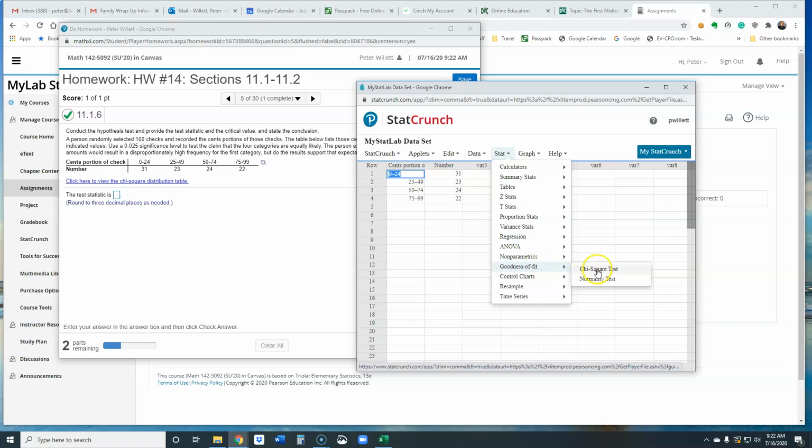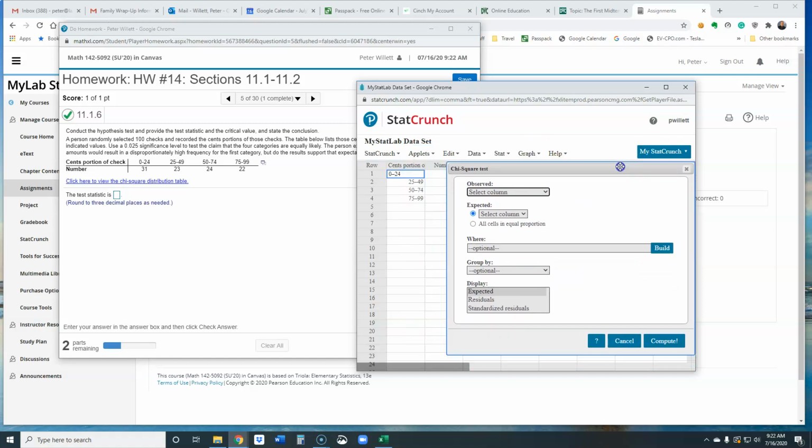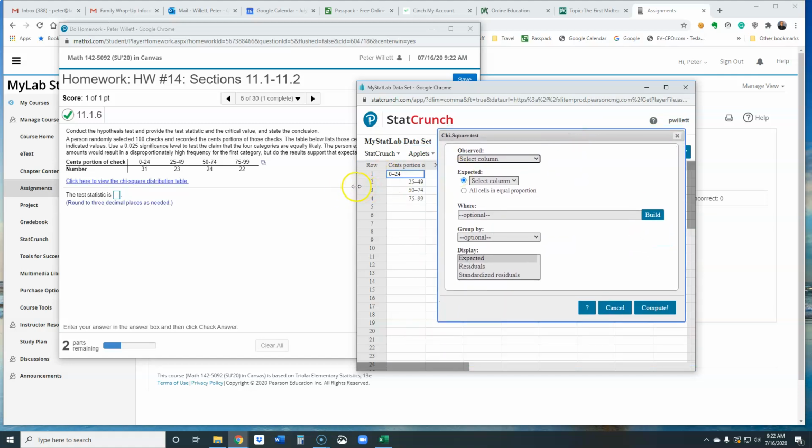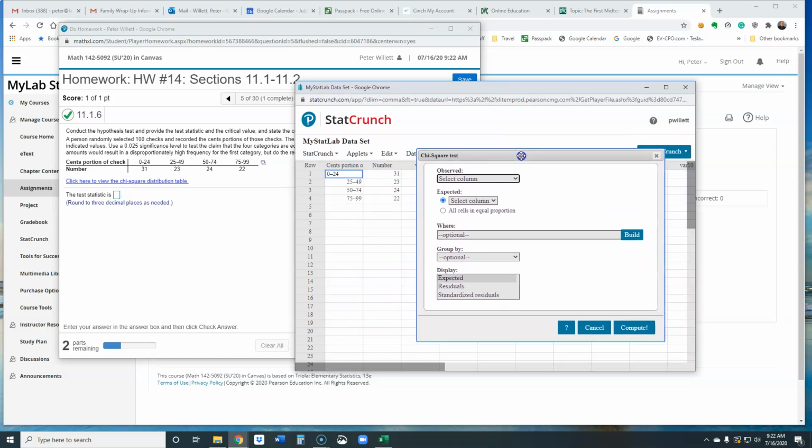So I'm going to go to chi-square test. In the chi-square test, StatCrunch needs to know which of the data columns has the observed values in it, which is here. So it says observed and asks you to select a column. So I would click on number because that's the observed column.